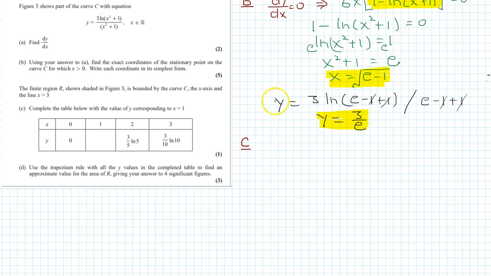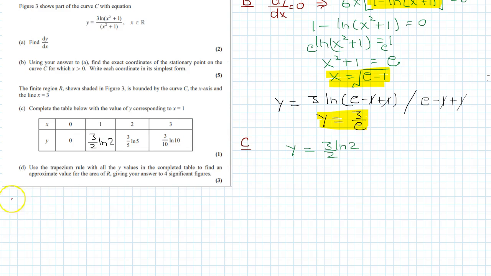So y is equal to 3 ln of 1 square plus 1, that is 2, over 2. So this value is 3 over 2 ln 2.